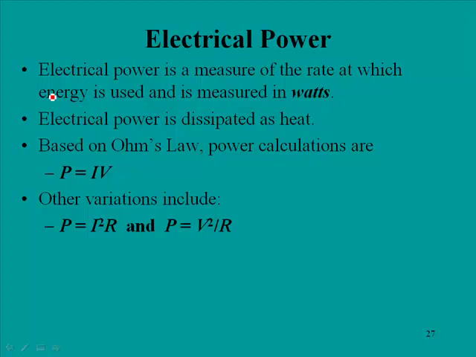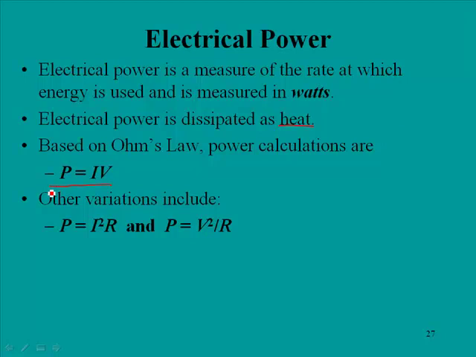Okay, the next one is electrical power. Electrical power is a measure of the rate at which energy is used, and it's measured in watts. Electrical power is dissipated as heat. Based on Ohm's law, power calculations are determined with this formula right here.